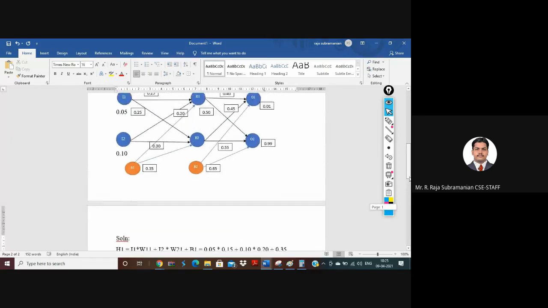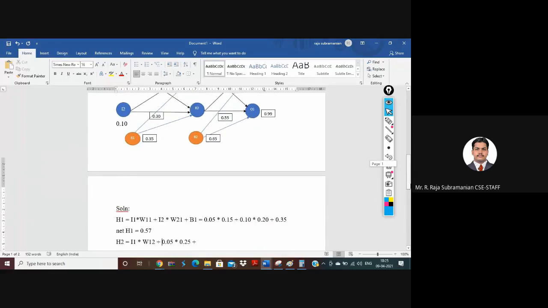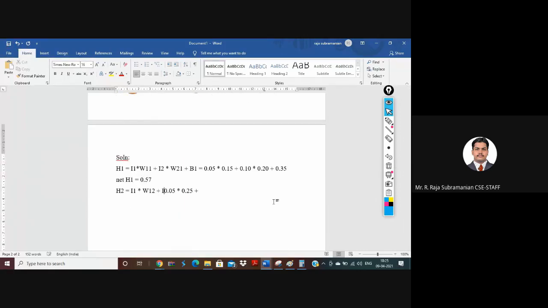Then what is the next one? Say quickly. I2 into W22. Good. And we also have to include the bias, right? What is the bias value? Plus again bias 1 is doing here.